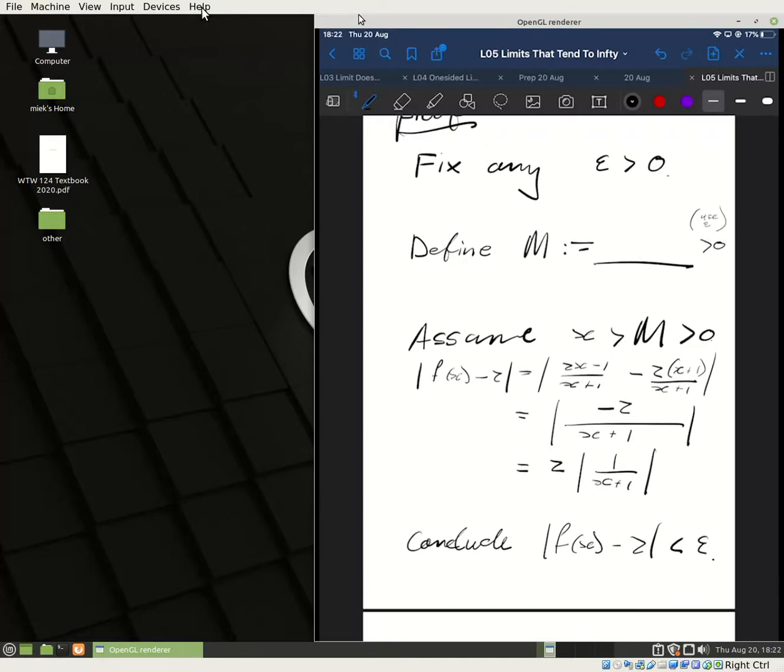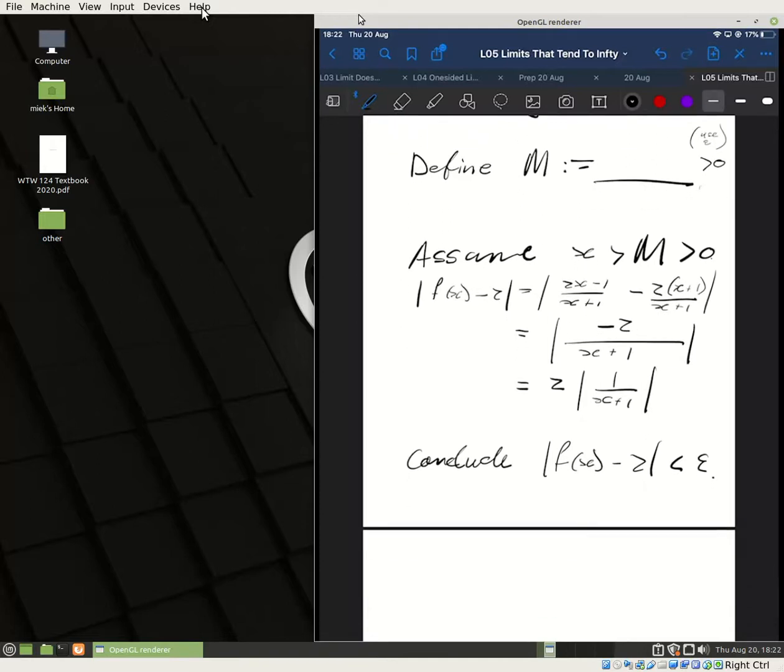However, m we are going to define as being positive anyway, so we might as well get rid of these absolute values, since x is bigger than m is bigger than 0.